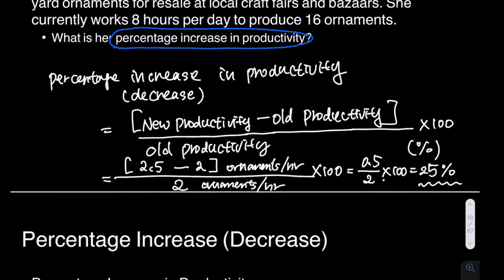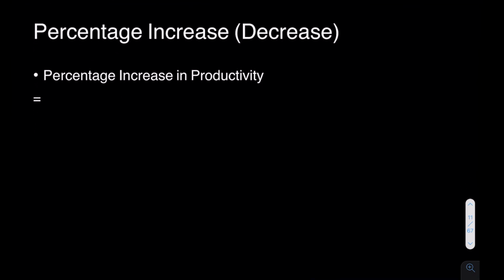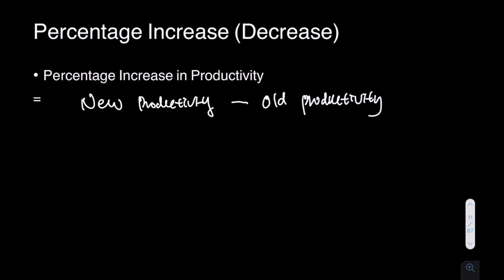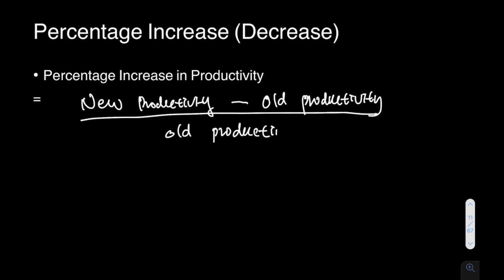Okay? So in summary, the percentage increase that we used in the previous example. If you formally define this one more time, percentage increase in productivity means new productivity minus old productivity over old productivity, multiplied by 100, and this is a percentage.